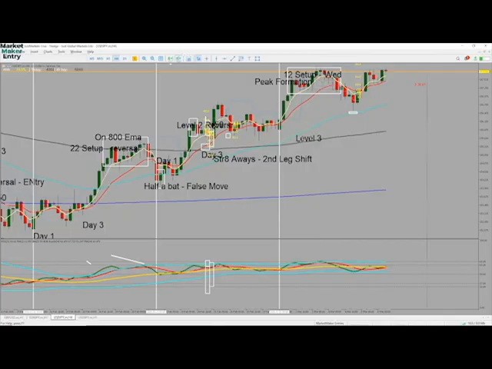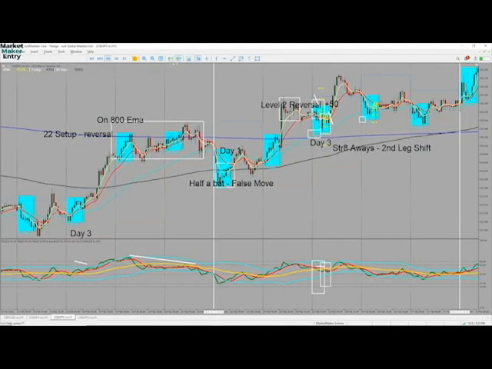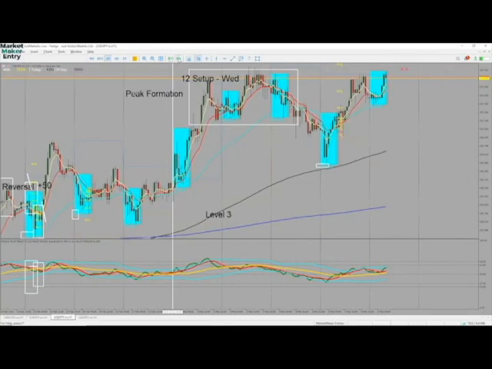But this is a peak. So a peak first, you initially have to treat it as a reversal. Yeah, it's a peak formation, it's a reversal.